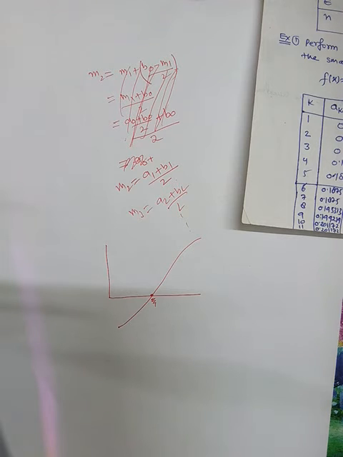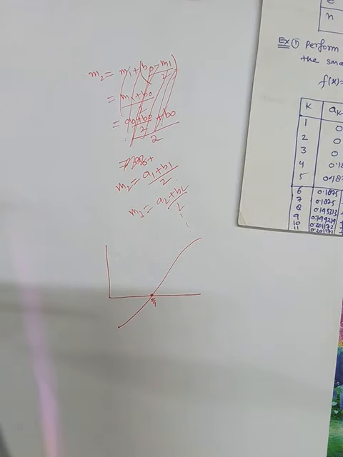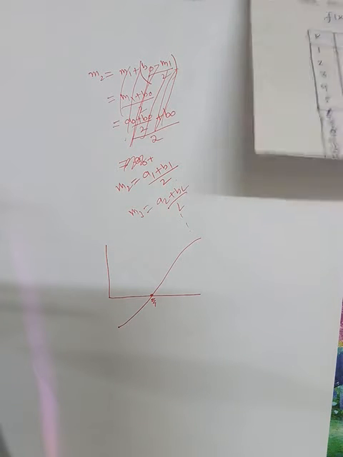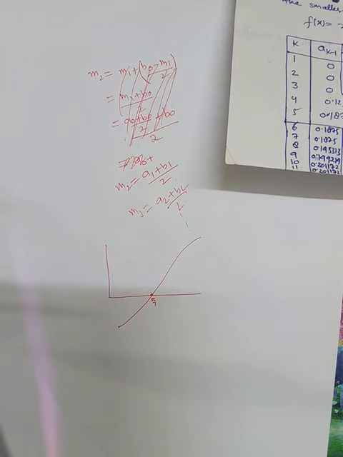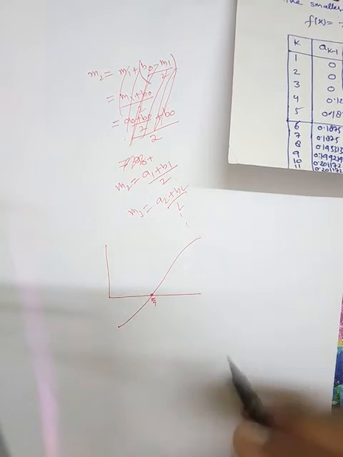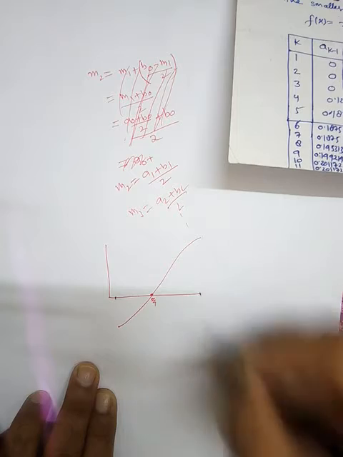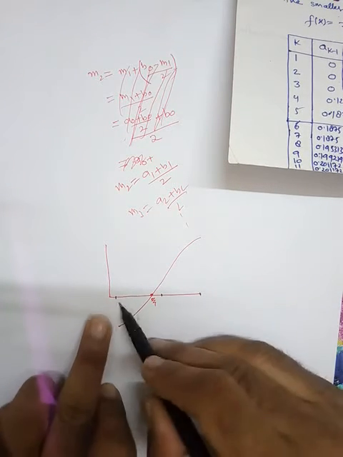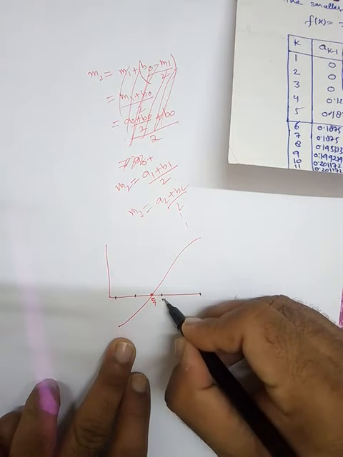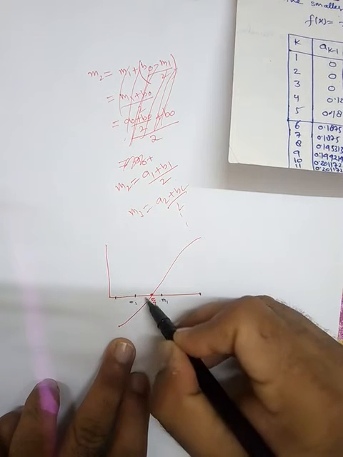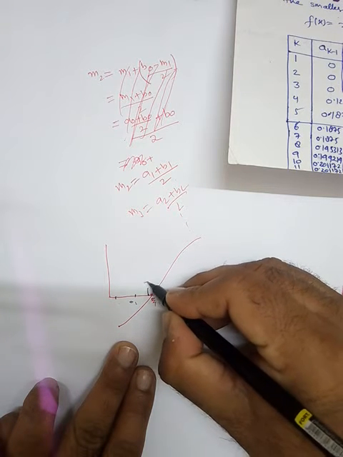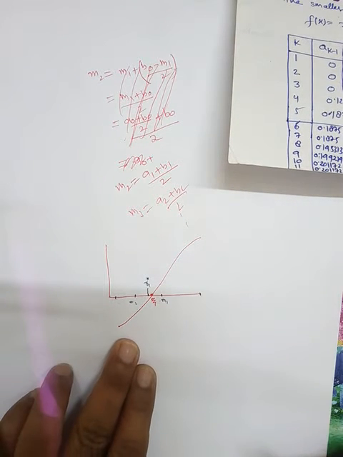Since we are continuously shrinking or bisecting the interval, initially we have this interval, then bisect, we select this interval, again bisect. Initially we take m1, then m2, and so on. Finally, suppose after a number of iterations you reach this point, say xi star.